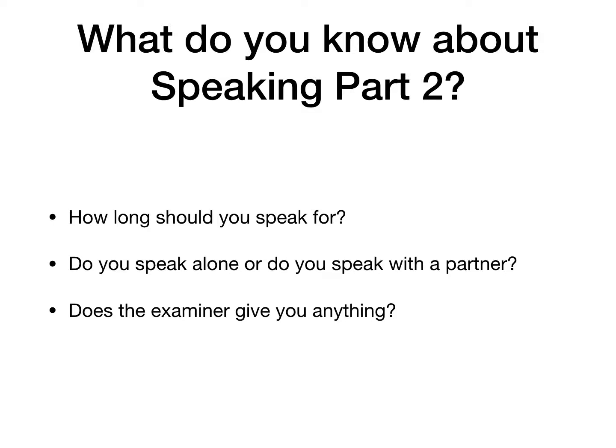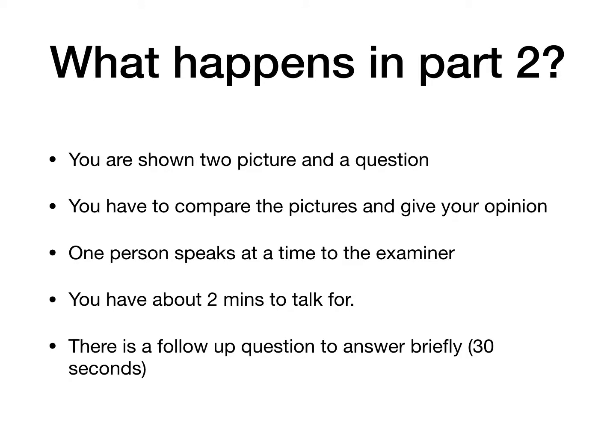Now we'll go through a description of the Part 2 speaking exam and then the procedure of what happens in the exam. So what happens in Part 2? Well, you're given a question and two pictures to compare and give your opinion on.